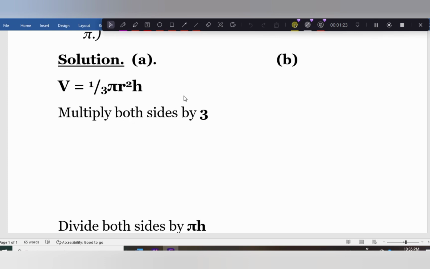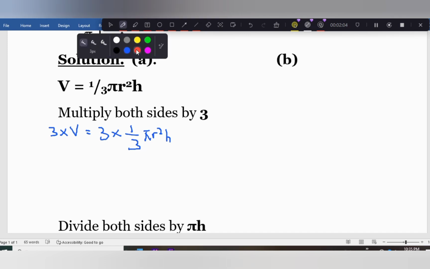So we start multiplying both sides by 3, and we have it like this: 3 times V and 3 times 1/3 pi r squared h.